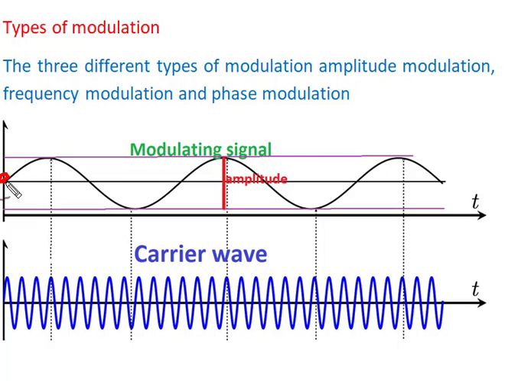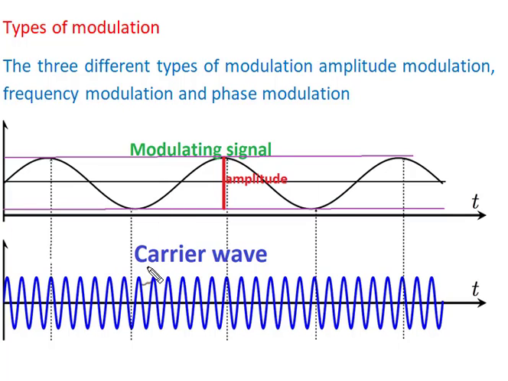So the modulating signal has three parameters: amplitude, frequency, and the phase, with 0 phase, 90 degree phase and 180 degree phase.